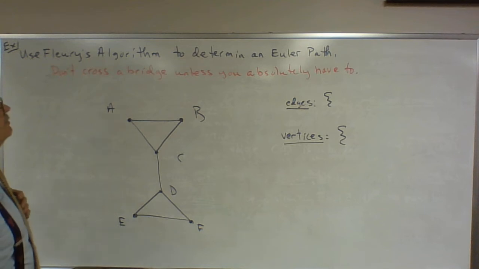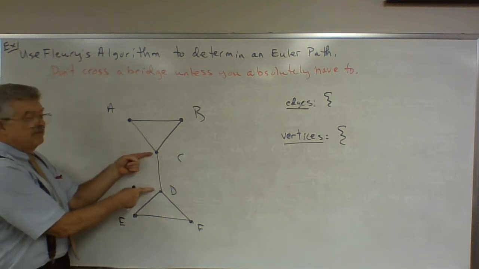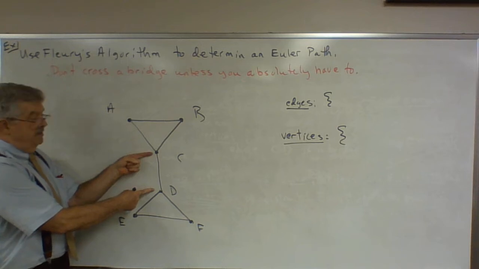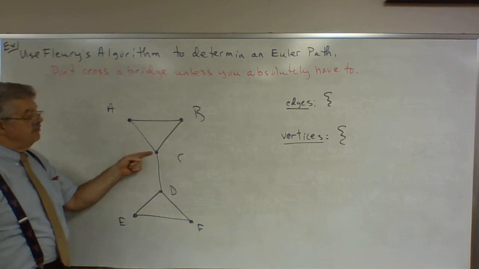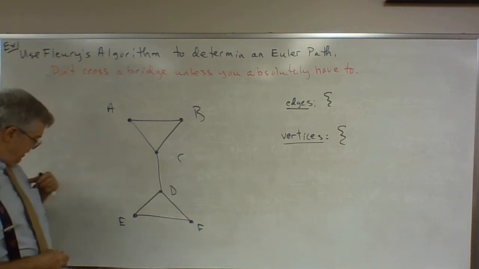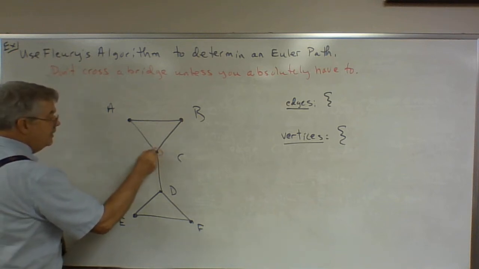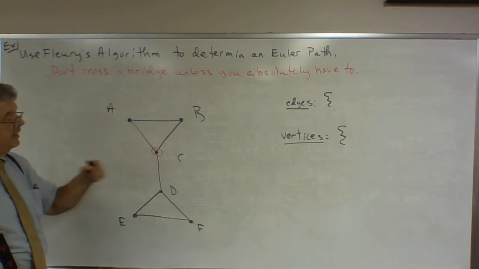They tell us to find an Euler path, and we have two vertices of odd degree. So if we find an Euler path, it has to start at one of these vertices, and it has to end at the other. So let's say that we start here, at this vertex of odd degree.